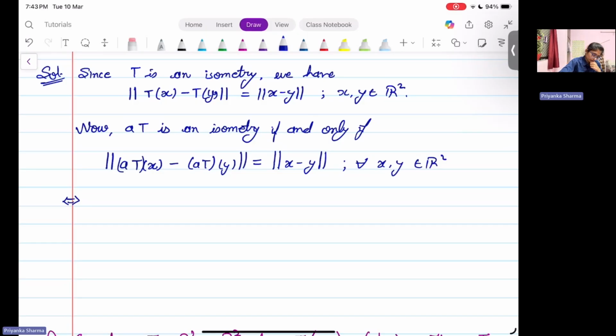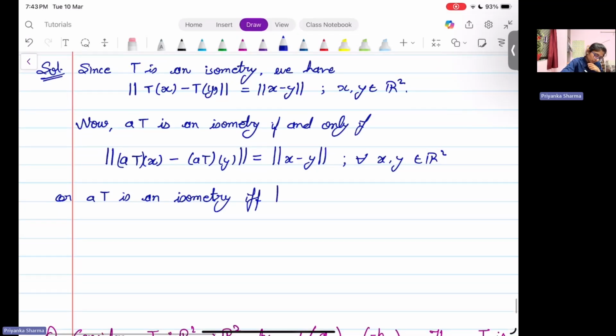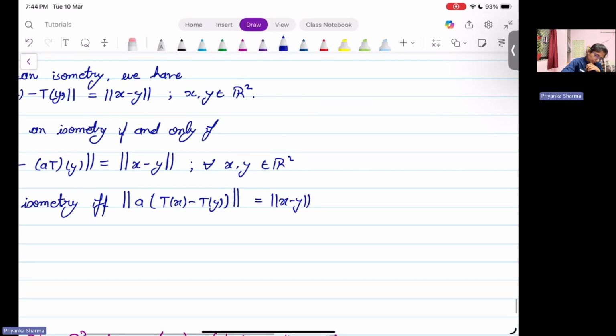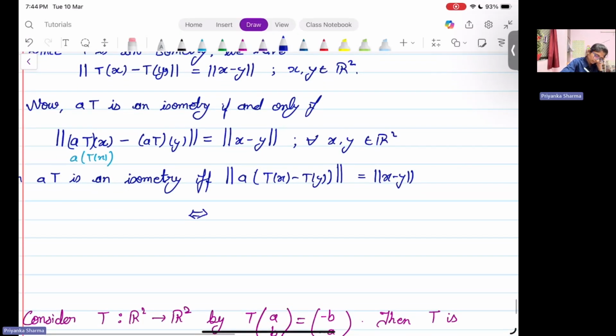So this is equivalent to: AT is an isometry if and only if the norm of A of T of X, okay, so we can take A common, and this will be T of X minus T of Y, is the same as the norm of X minus Y. This is equivalent to this.